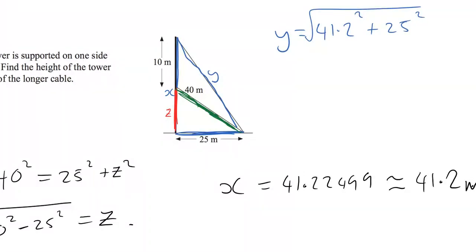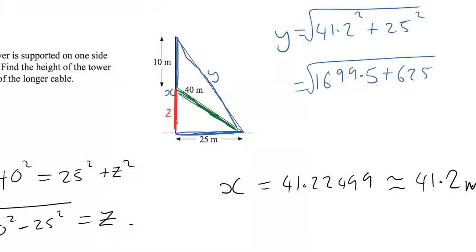So let's just work that out. If I do my 41.2249 squared, I am going to get 1,699.5 plus 25 squared. That, of course, is 625.